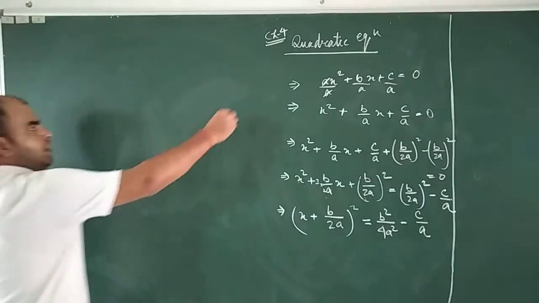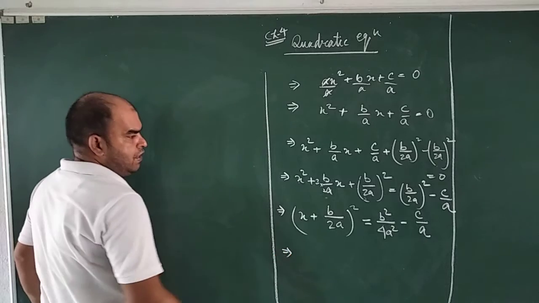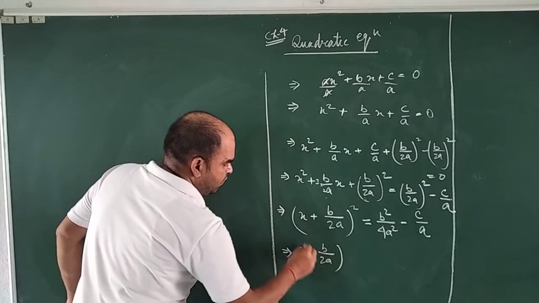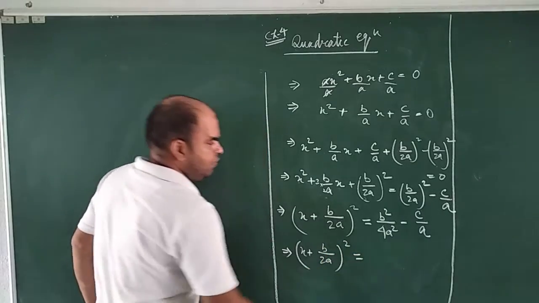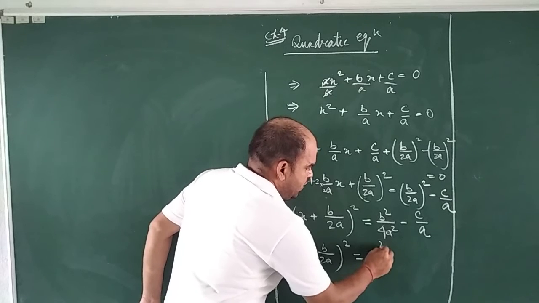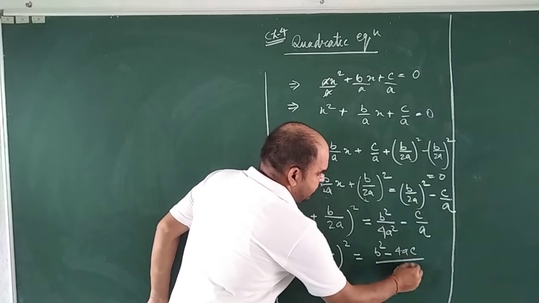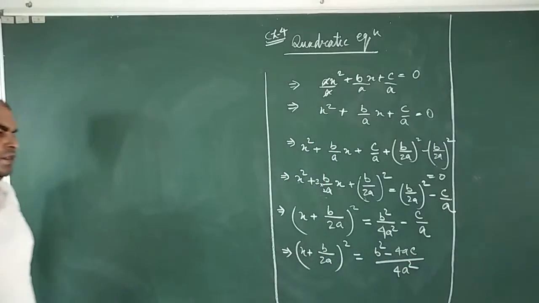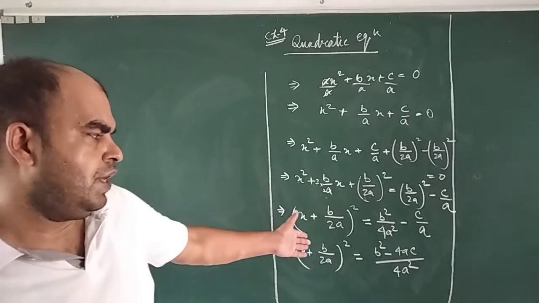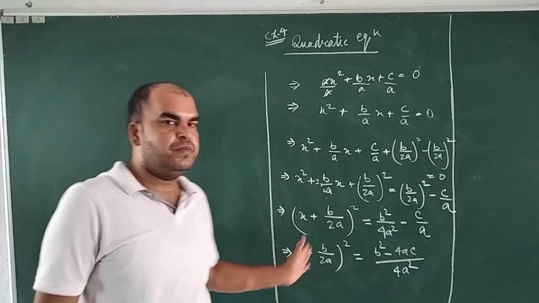Now again see, now you can simplify, so you will get x plus b upon 2a whole square equal to, you can take LCM, so you will get b square minus 4ac upon 4a square. After this we have x plus b upon 2a whole square, and we require the value of x. So we have to take the root of both sides.